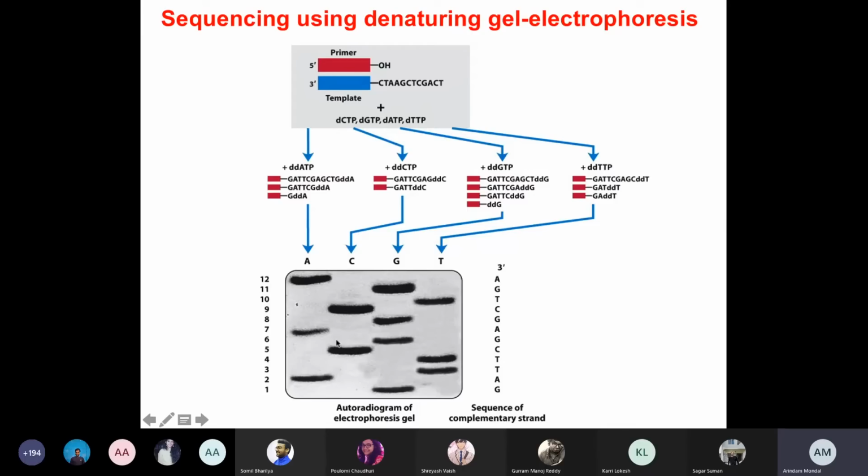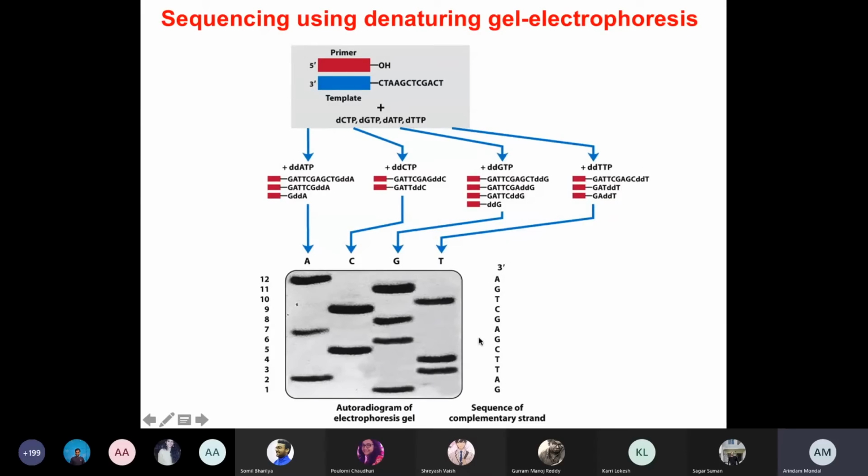For example, there is a band at the 4th position and 9th position with the ddCTP set. That means there should be a G at the 9th and 4th position in the original template. So just by looking into the pattern of the bands, you should be able to get the sequence of the complementary template. And if you get the reverse complement, that should be the sequence of your template.